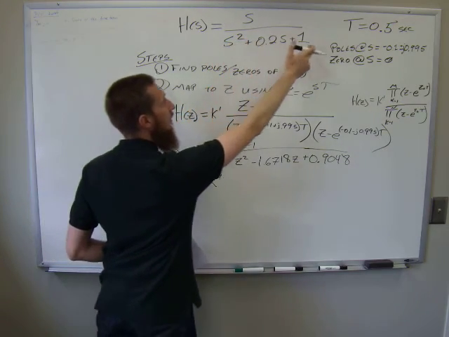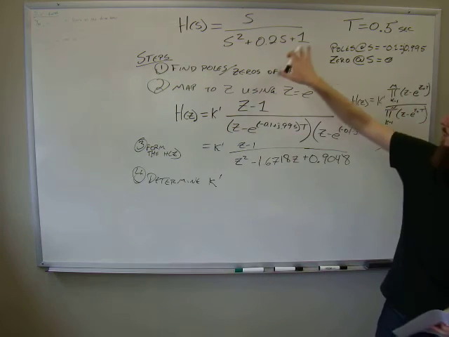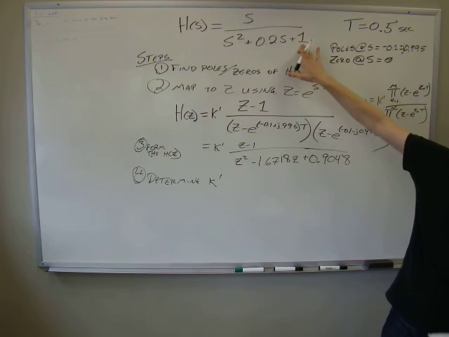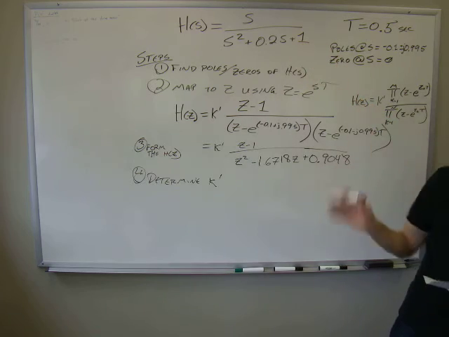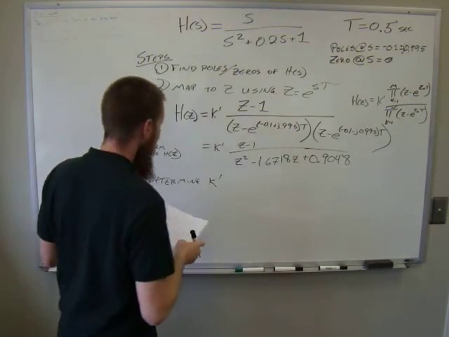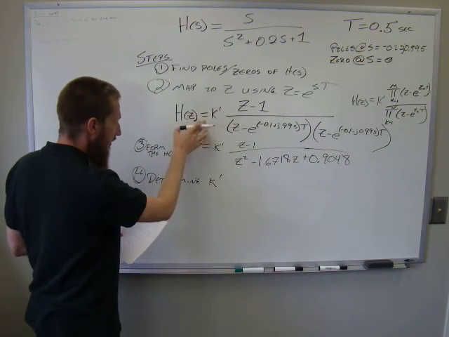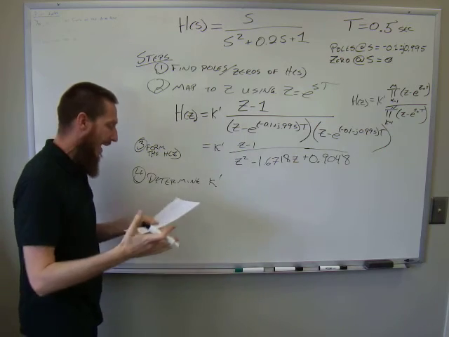Now, to find K prime, we're going to compare the gain values at omega n, which is 1, because this is omega n squared. So omega n is equal to 1. That's going to be the maximum value of this bandpass filter, the peak response of H of s, and we're then going to look at that same thing according to this function and set those equal at their maximum value.